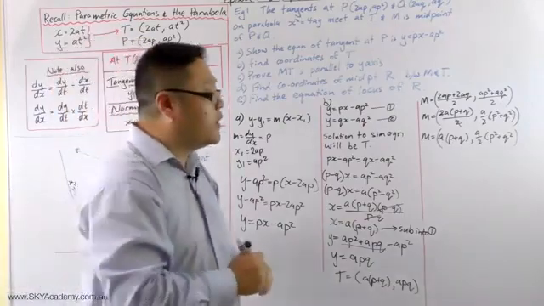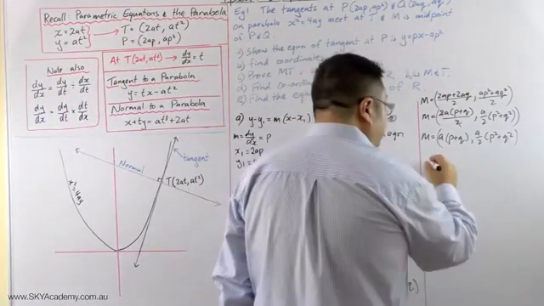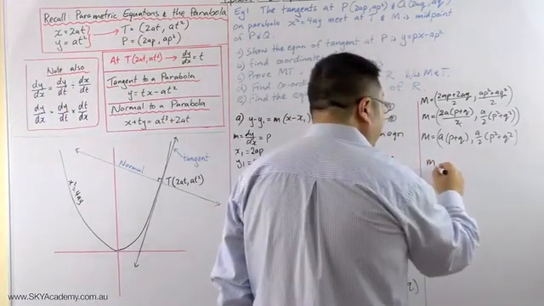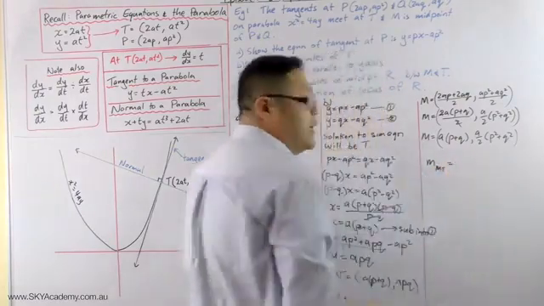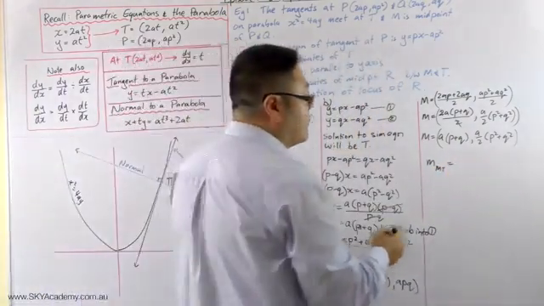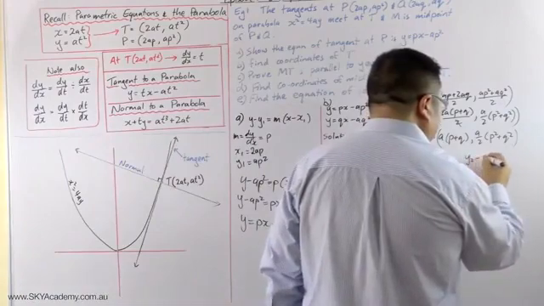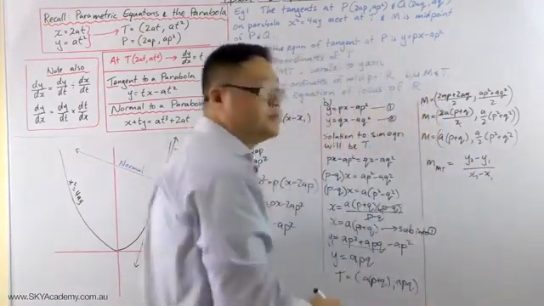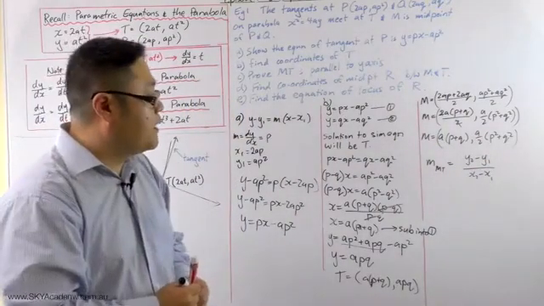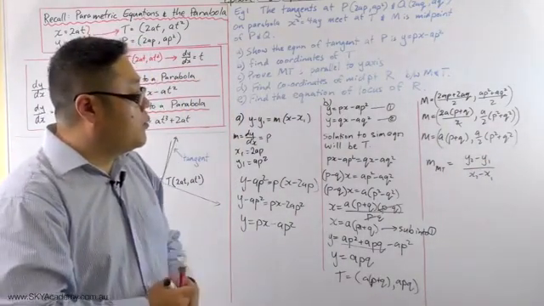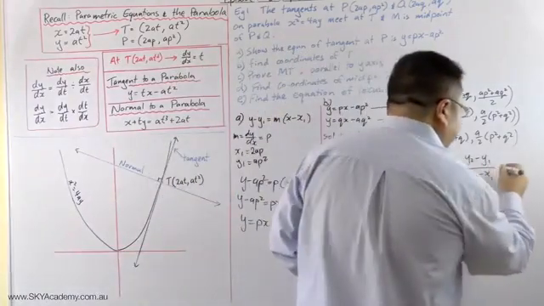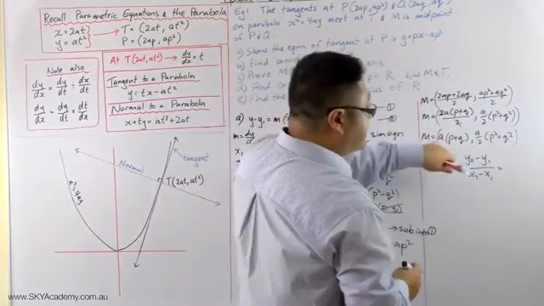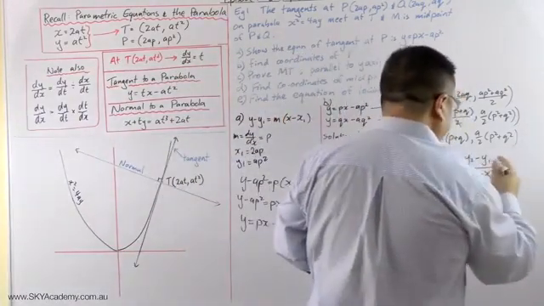What we're going to do is use the gradient formula. So the gradient of MT is equal to essentially y2 minus y1 over x2 minus x1. Now, what we can do is use M as point 2.